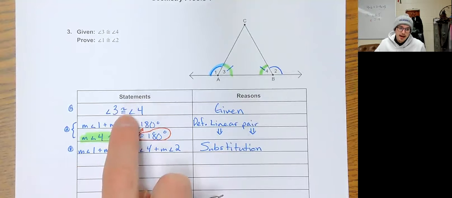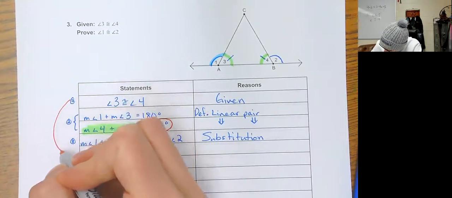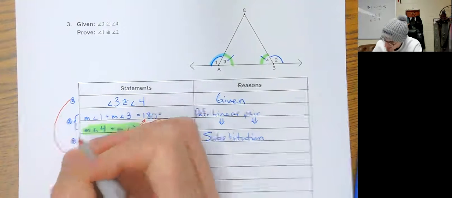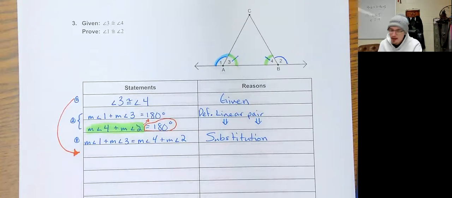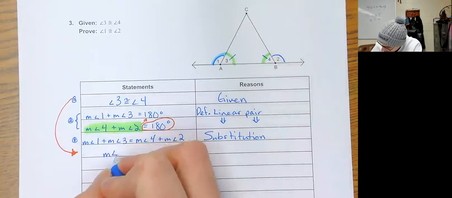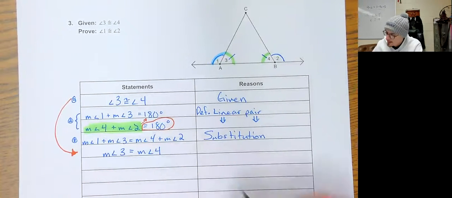So what I need to do here is I need to take step one. And you could have done this right off the bat if you thought of it. But what I need to do is take step one and change it to be the measure of angle 3 equals the measure of angle 4.